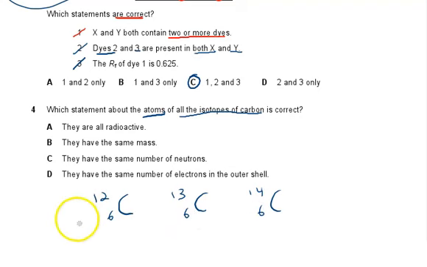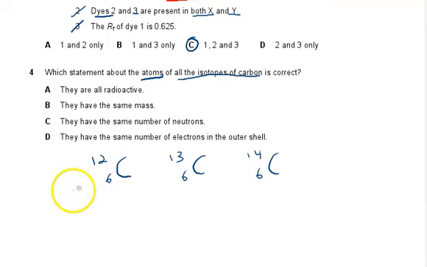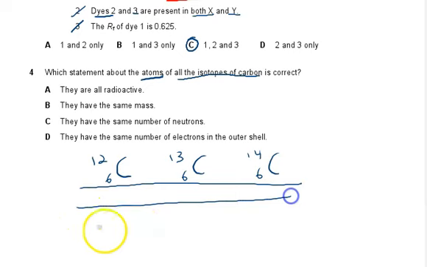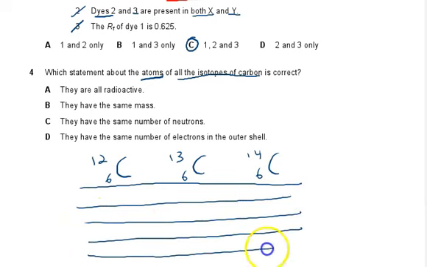Okay, so if you do a comparison, let us look at their proton number, electron number, neutron number and nucleon number. So let's say I put here proton, electron, neutron and nucleon.